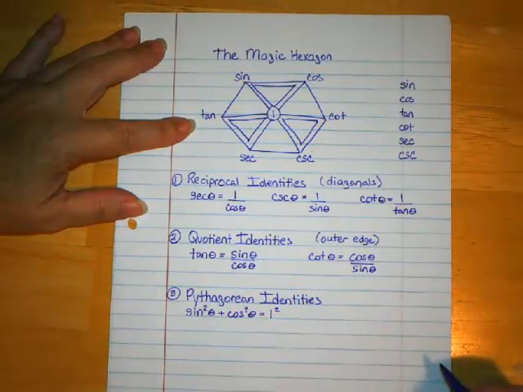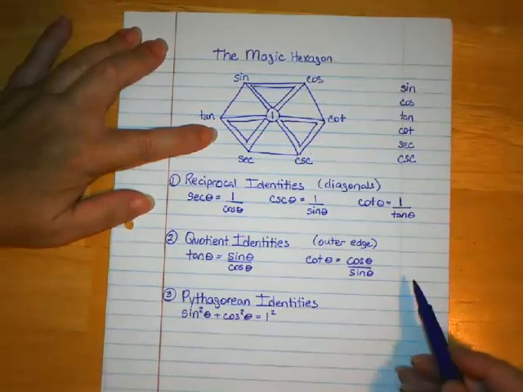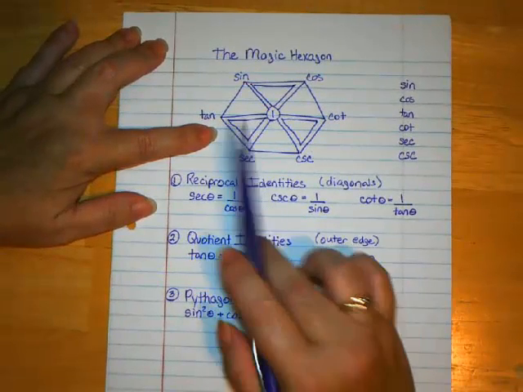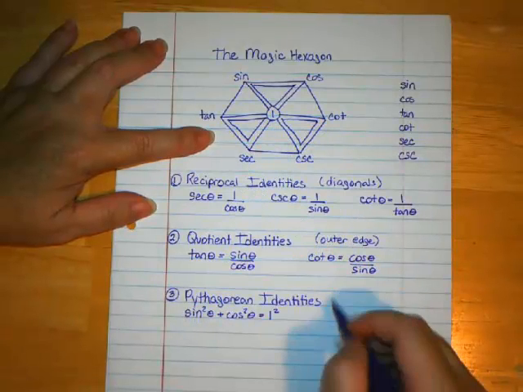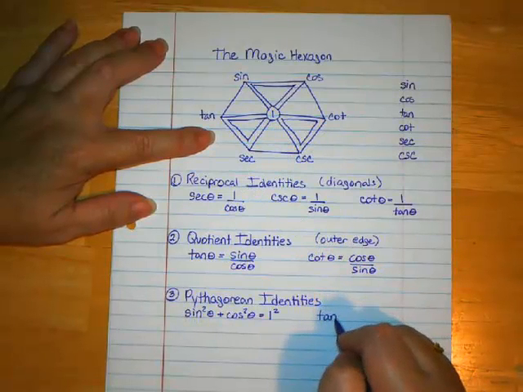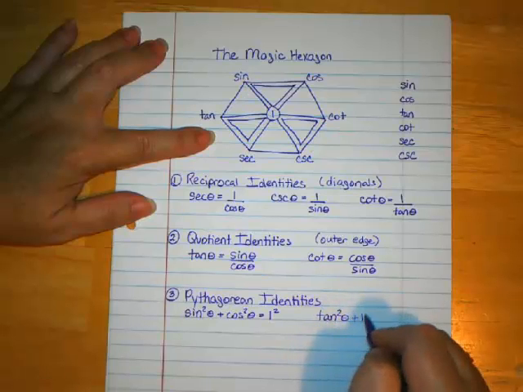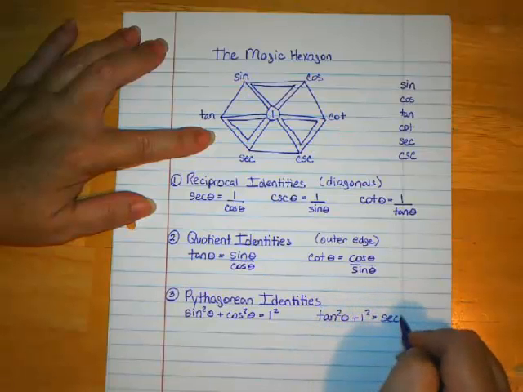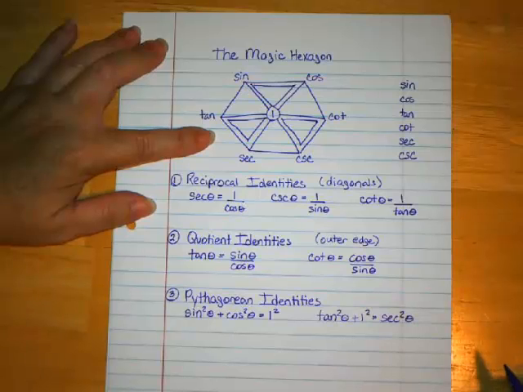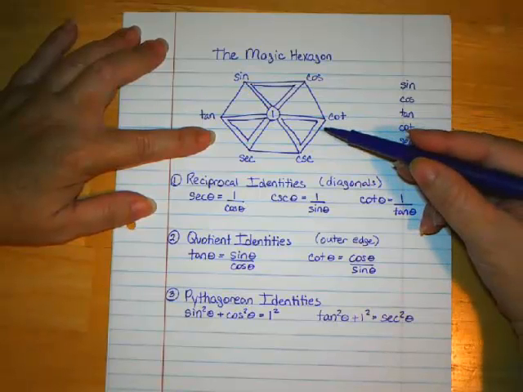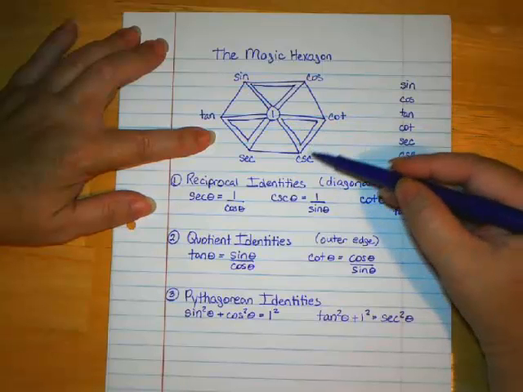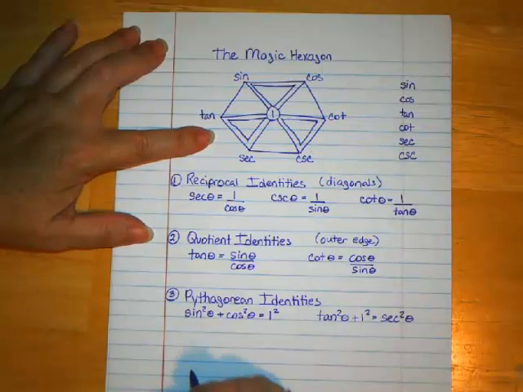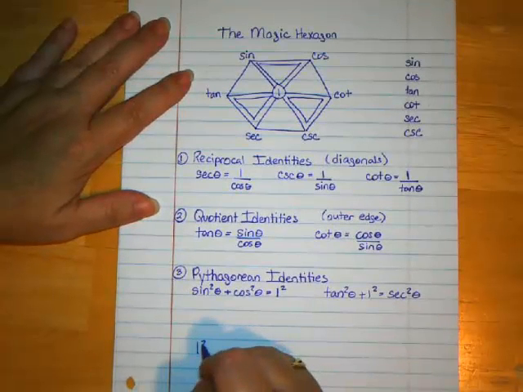Tangent squared plus 1 squared equals secant squared. And then finally, this triangle over here has the third one. 1 squared plus cotangent squared equals cosecant squared.